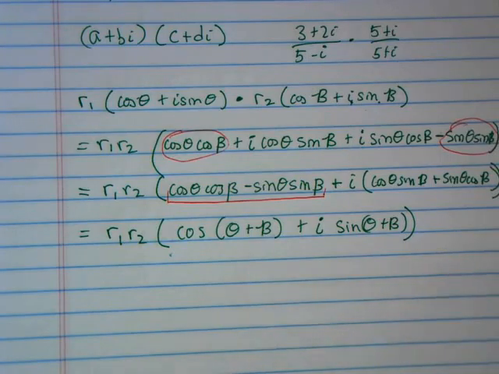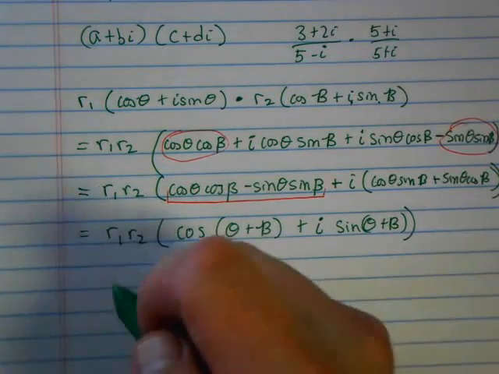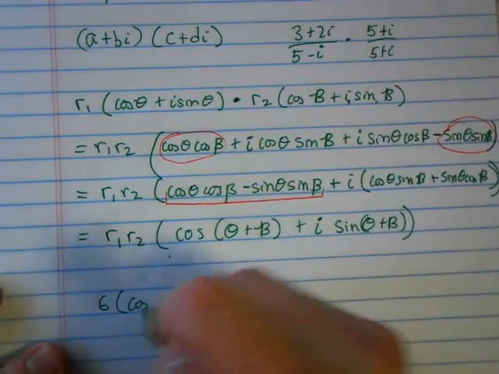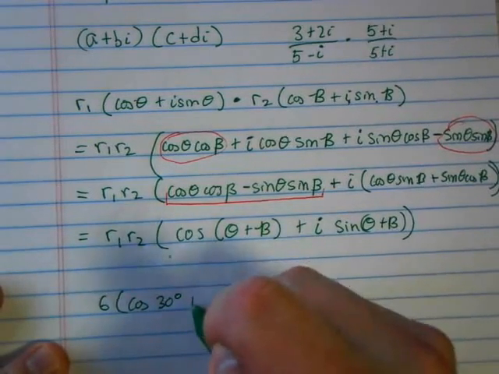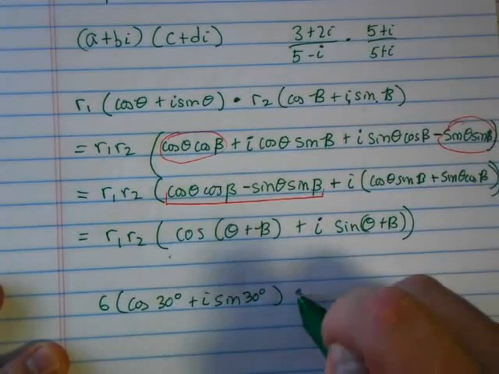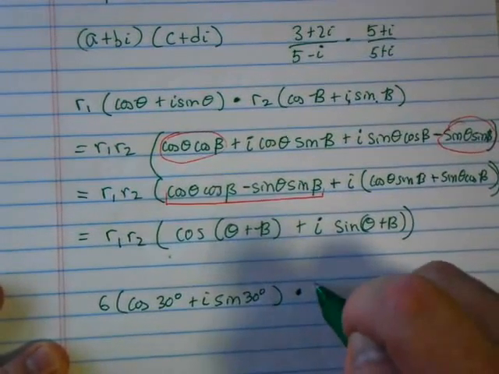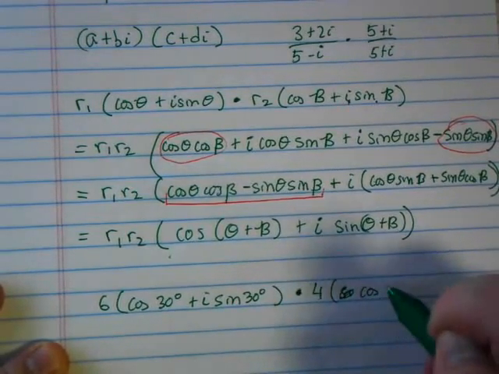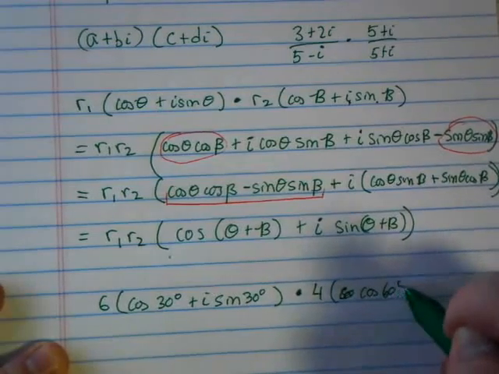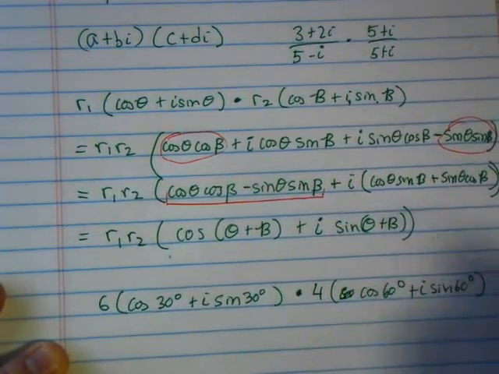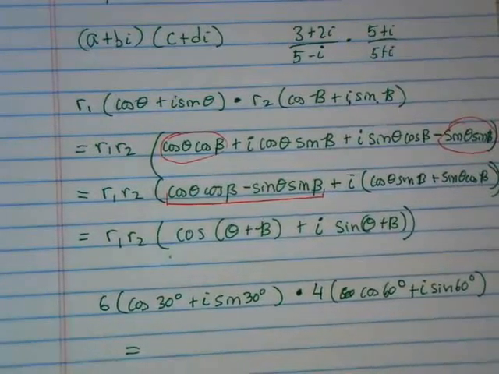So here's the deal. If I have 6 times cosine 30 degrees plus i sine 30 degrees, and I want to multiply that by 4 cosine 60 degrees plus i sine 60 degrees, what this formula tells me to do.